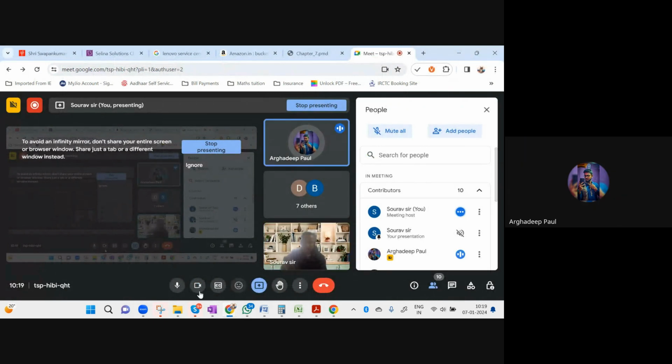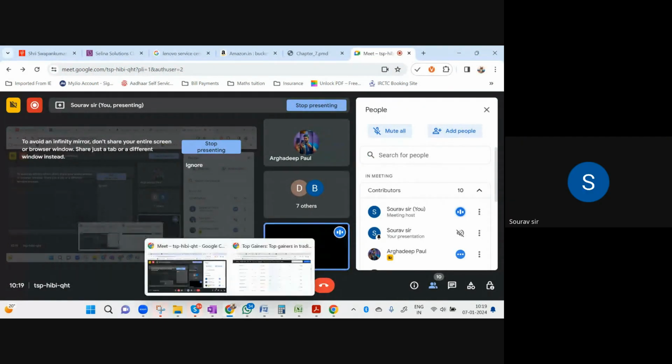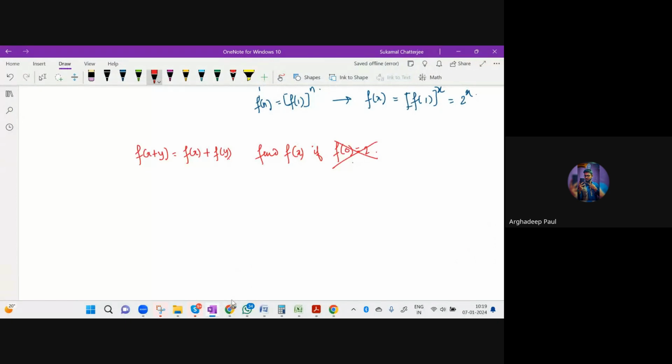Sir, I've got the answer. Yes, tell me. Sir, firstly we will put x equal to y equal to 1. Then we will get f of 2 equal to f of 1 plus f of 1.